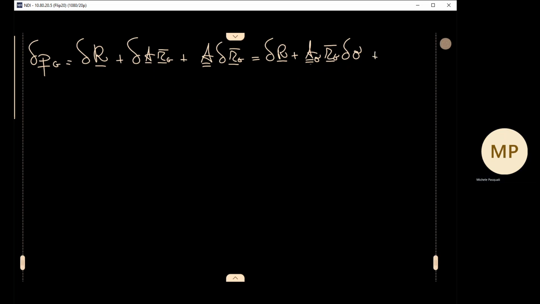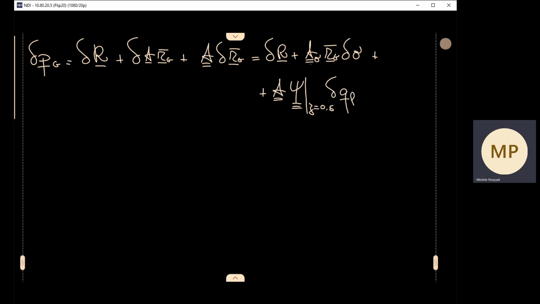Plus A times psi estimated at zeta equal to 0.5 times delta QF. Okay? Allow me just a couple of minutes more and then we're done for today.